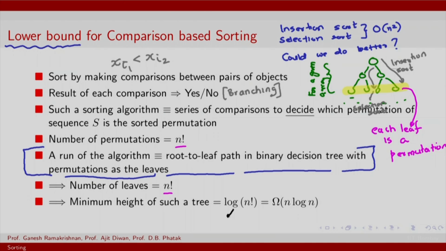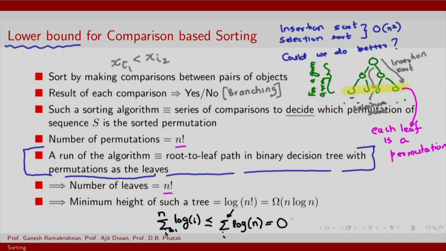So what is log n factorial? This can be viewed as summation over i equals 1 to n of log of i, and this we know is less than or equal to summation over i of log of n, because log of i is less than or equal to log of n as long as i is less than or equal to n, and this is nothing but n log n.